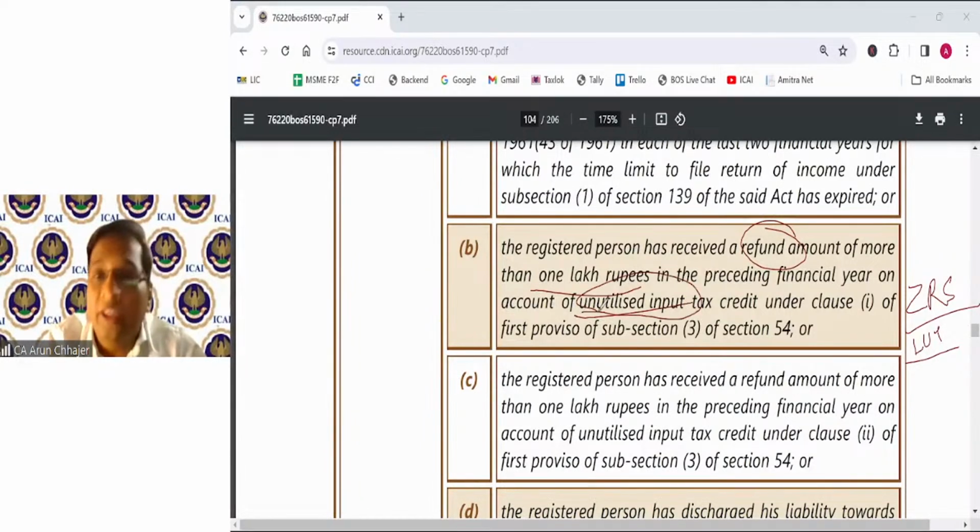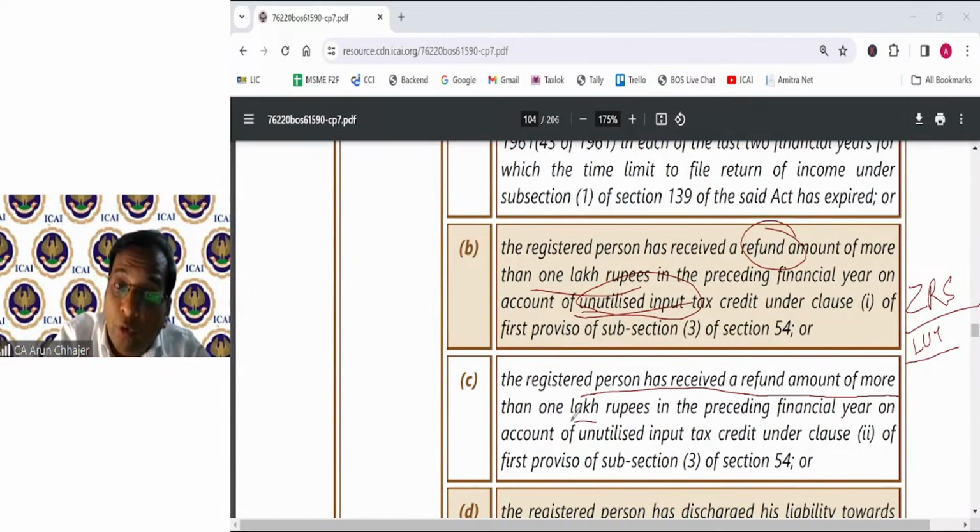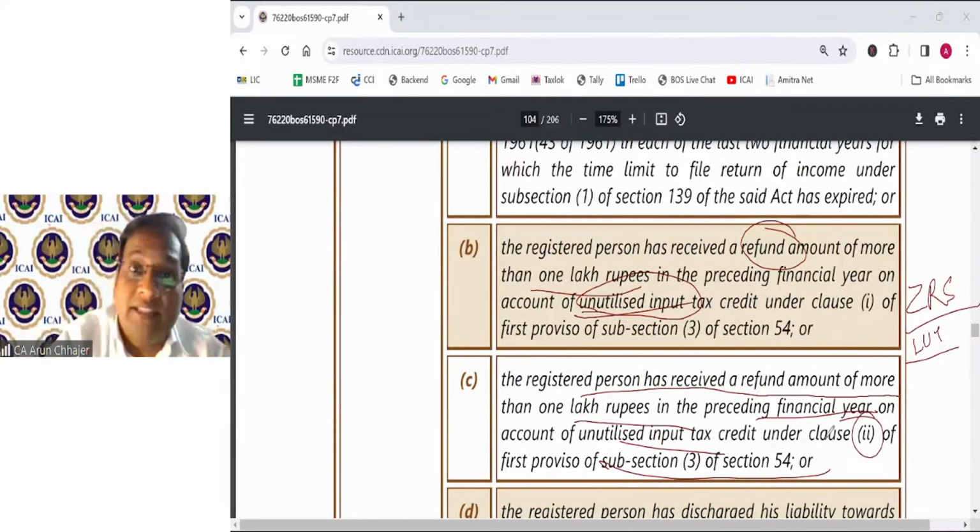Accumulated ITC or unutilized ITC refund will be given. The registered person has received a refund of more than 1 lakh in the preceding financial year. And here they are saying clause 2 of the first proviso of 54 subsection 3. What is that? Let me explain.